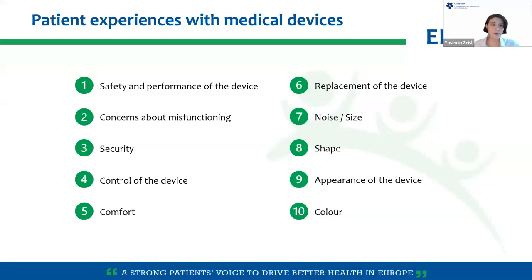As you can see from the first 3 items, safety is a key concern for patients. Number 1, safety and performance of the device, number 2, concerns about the misfunctioning of a device, and number 3, feeling a sense of security with the device.